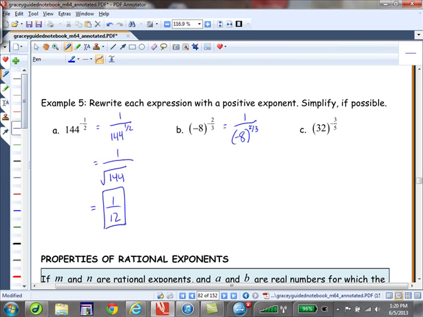Notice that negative 8 is a perfect cube. So we would want to write this as the cube root of negative 8 and then square the result. So the cube root of negative 8 is negative 2, and squaring that result, at the end of the day, we get 1/4.